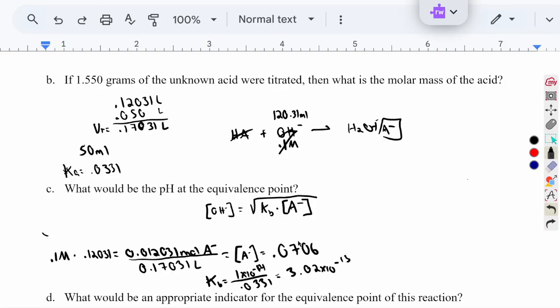Okay, so here is A minus concentration. Here is Kb. We'll put those into this calculation, and what we should get is the OH concentration.